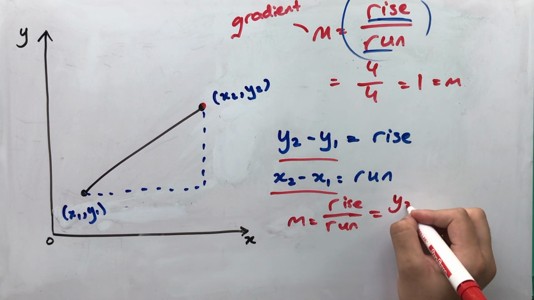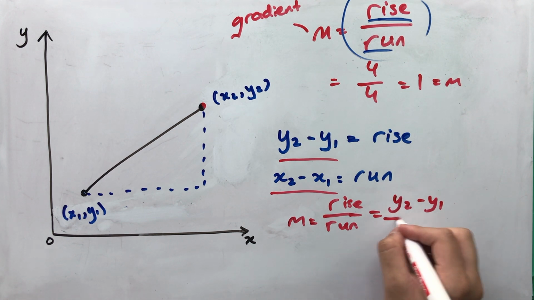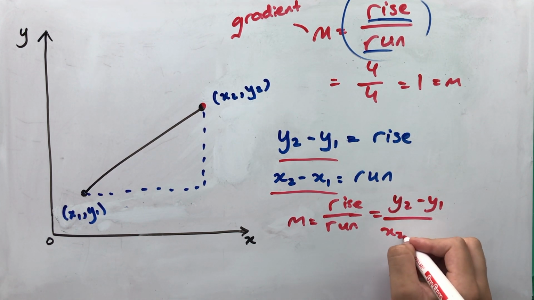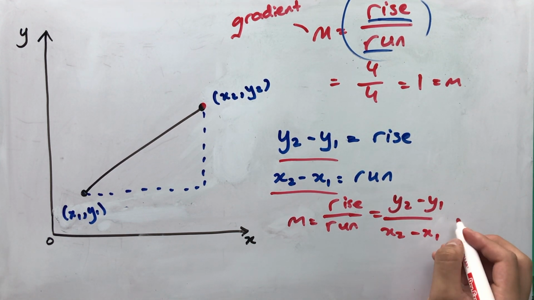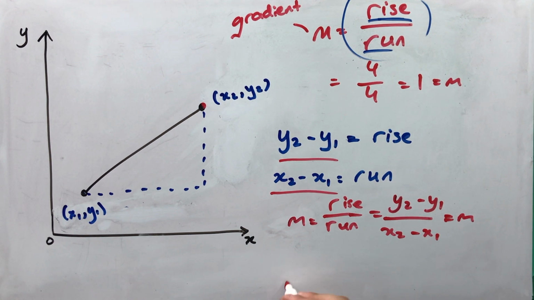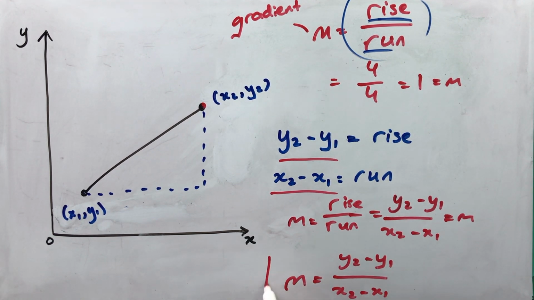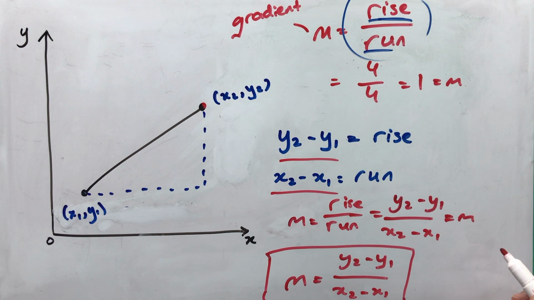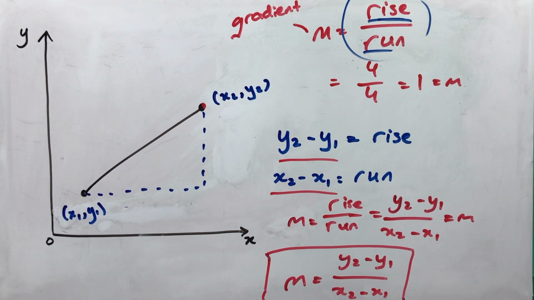So you can say (y2 minus y1) over (x2 minus x1) is equal to m. And now this formula that I just wrote down, let me just write it again for clarity. This is the general formula used for all straight lines in the xy plane when you want to find their gradient.